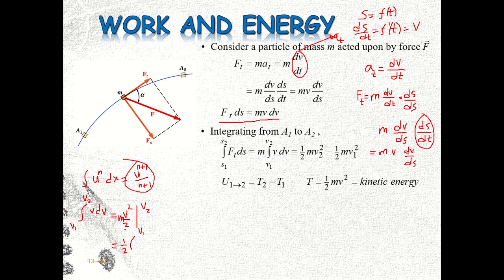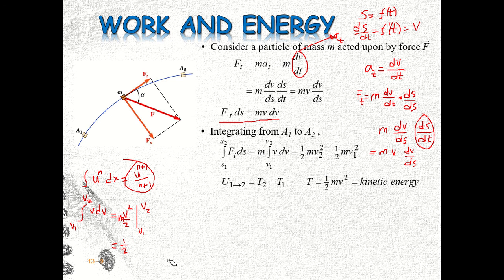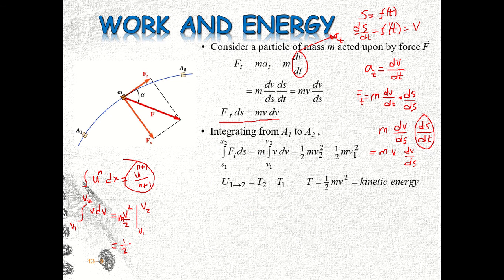So we have times m here, and substituting the limits, that is v2 squared minus v1 squared.